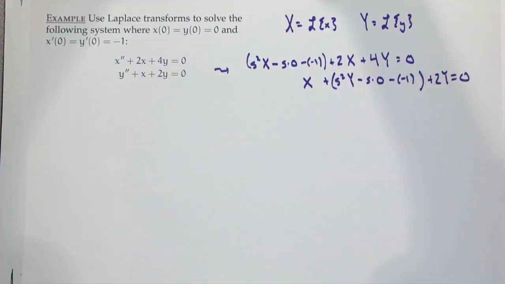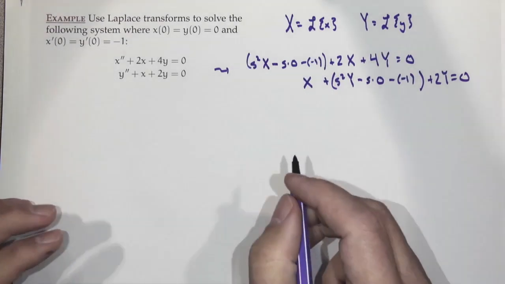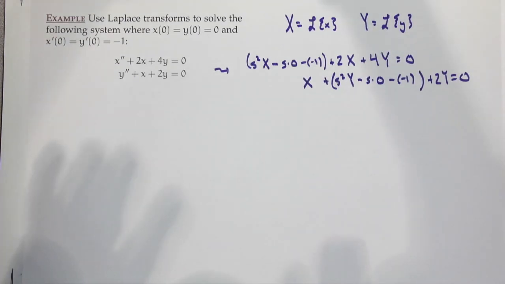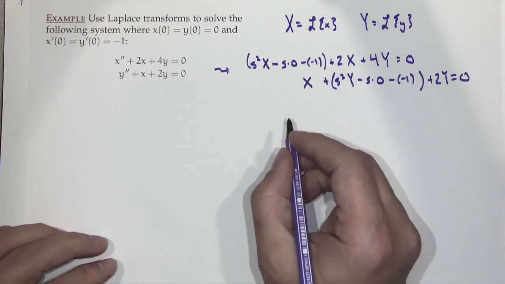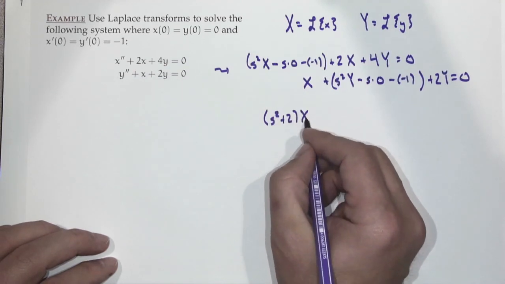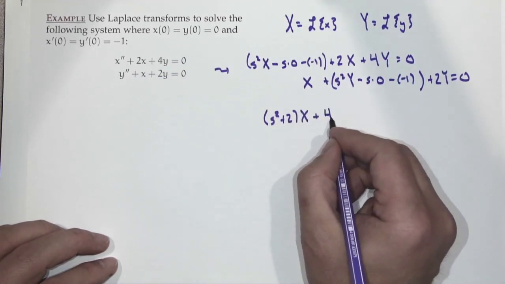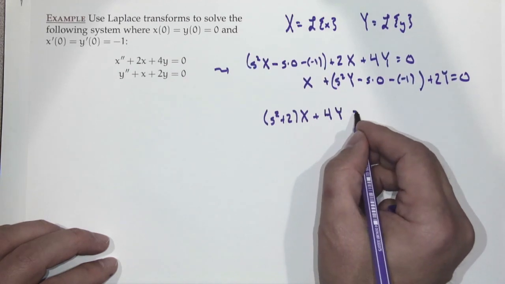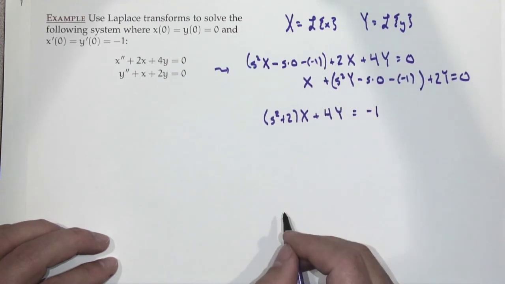Now, you might be saying, oh, this looks terrible. But wait a second. Check this out. This is s squared plus 2 capital X plus 4 capital Y equals minus 1.